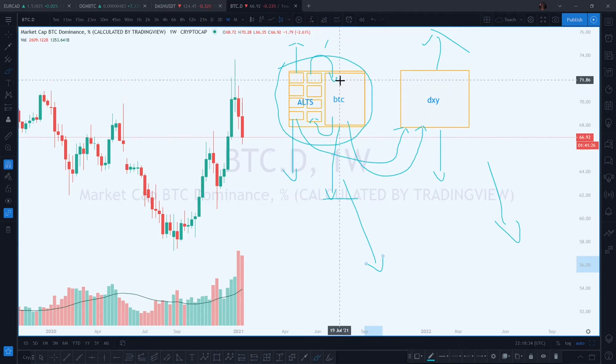So it's like whenever Bitcoin is going down, it's taking the entire crypto market down with it. And whenever it's going up, it's not taking the entire market up with it, because Bitcoin is actually beating altcoins, which is a normal thing to do. When Bitcoin is up, altcoin should be down. But whenever Bitcoin is down, altcoin should be up.